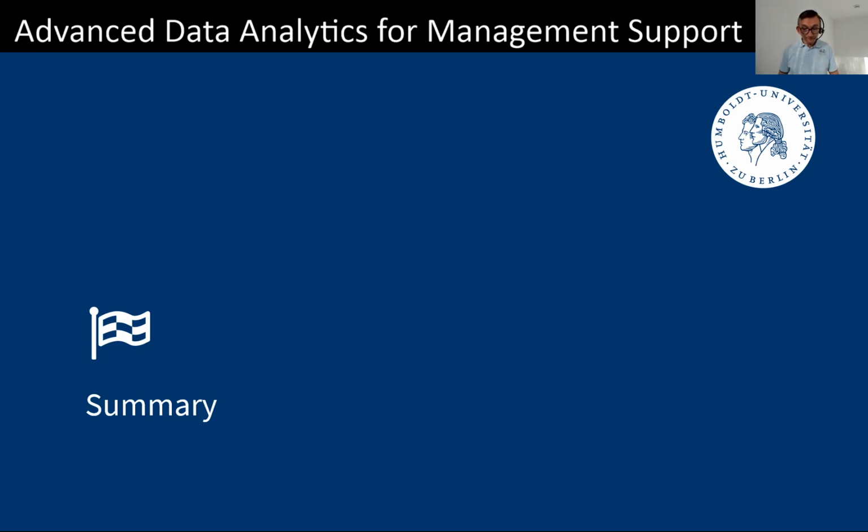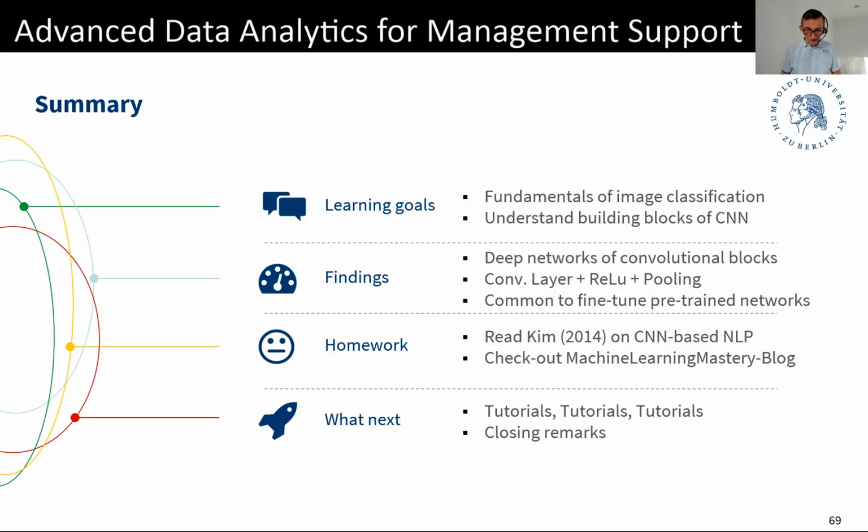Anyways, let's sum up this lecture. The key learning goals here was to understand the fundamentals of image analysis using convolutional neural networks and how convolutional neural networks process image data. I think we did that. What are the key takeaways here?